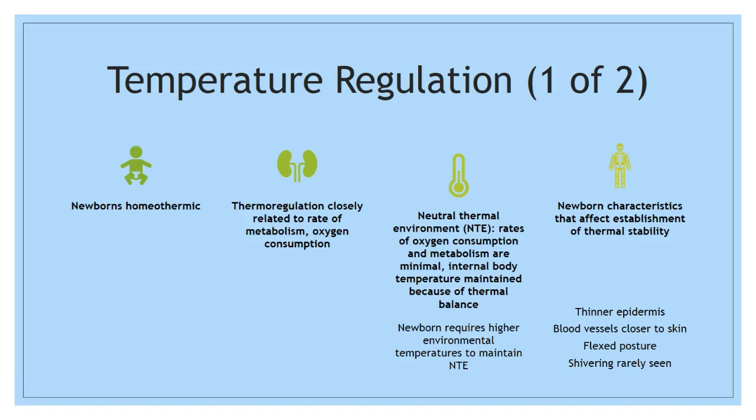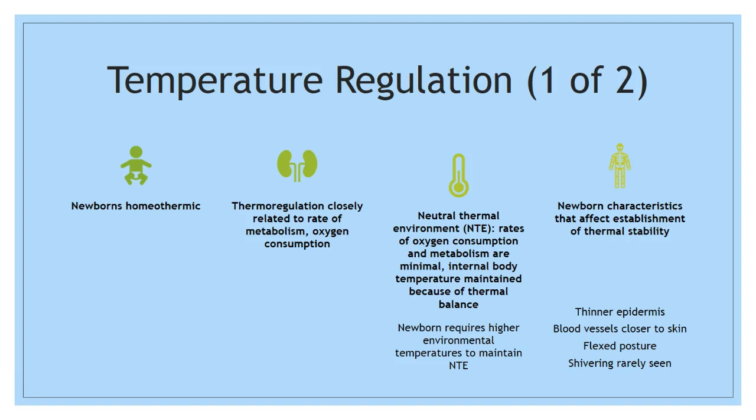Newborns have a few different ways that they try to increase thermogenesis, or keeping their temperature up, and they use their basal metabolic rate. They use muscular activity and non-shivering thermogenesis, which is use of brown adipose tissue to provide heat.